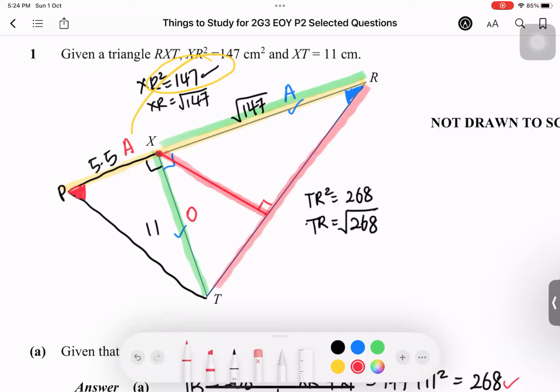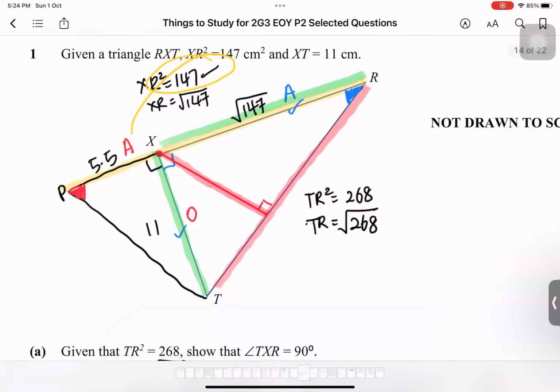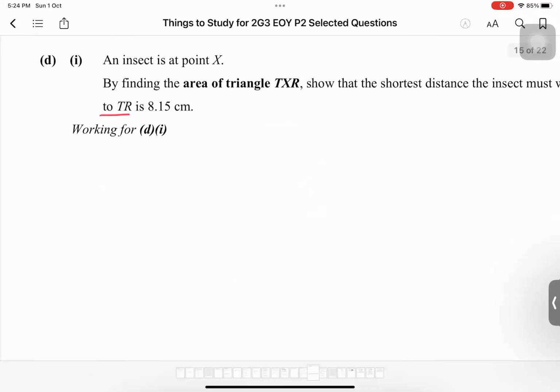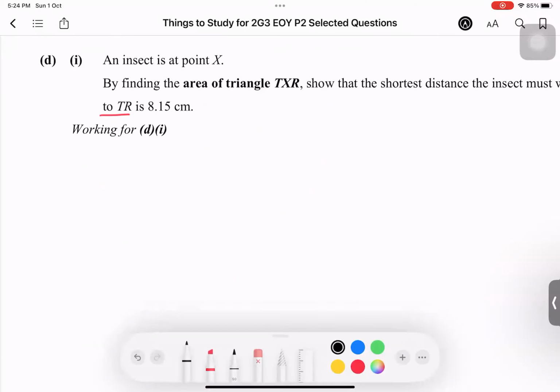So the area of the triangle is half times 11 times square root 147. This area is also equal to the one in the red color pair, half times the base, square root 268, times the h, which is my shorter distance.